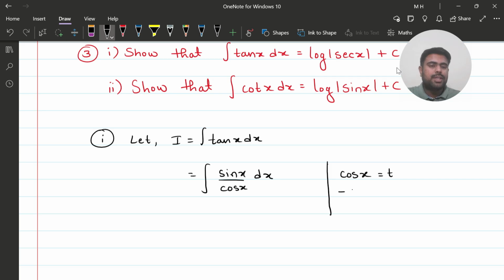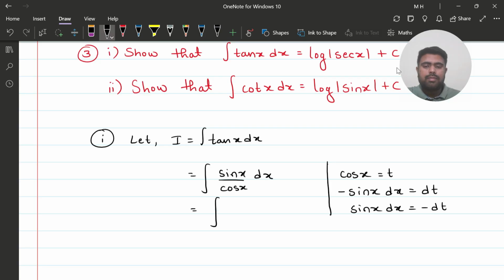What is the derivative of cos x? It is minus sin x into dx would be dt. But now there is no minus above, so I will take sin x into dx would be minus dt, right? So this will give me the integral of, sin x into dx is minus dt.